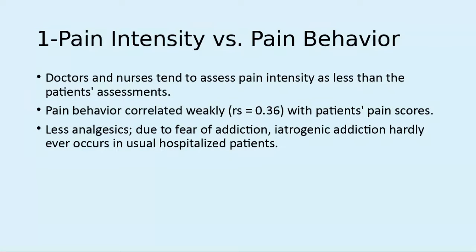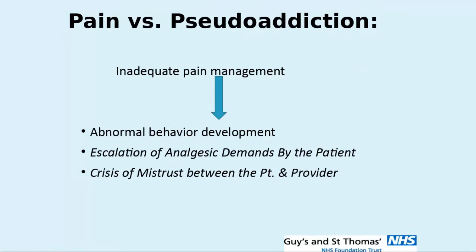Pain behavior correlates weakly with the patient's pain score, and we give less analgesic due to the fear of addiction, although iatrogenic addiction hardly ever occurs in usual hospital patients. And of course, we know that all these patients will need aggressive analgesics, but we tend to give them less than what they require because of the fear of addiction. We should not have this problem because this sometimes gives the patient a worse opportunity to be cured.